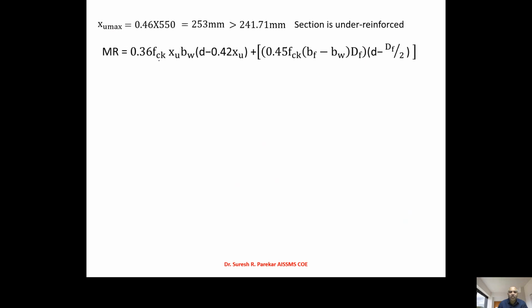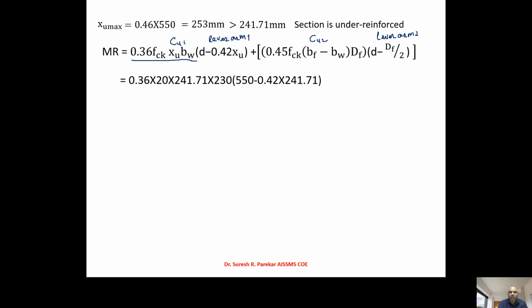Now you can see this first value, 0.36 FCK XU BW, will be Cu1, and this will be lever arm 1. And then we have Cu2, and this d minus df by 2 is lever arm 2. Then we substitute the values: 0.36 fck 20, 241.71 xu, bw 230, and 550 minus 0.42 into 241.71.